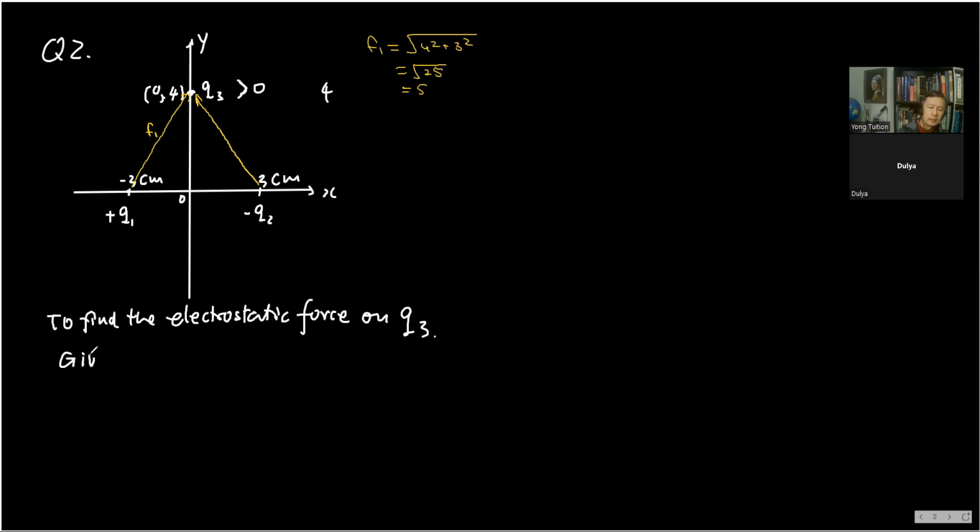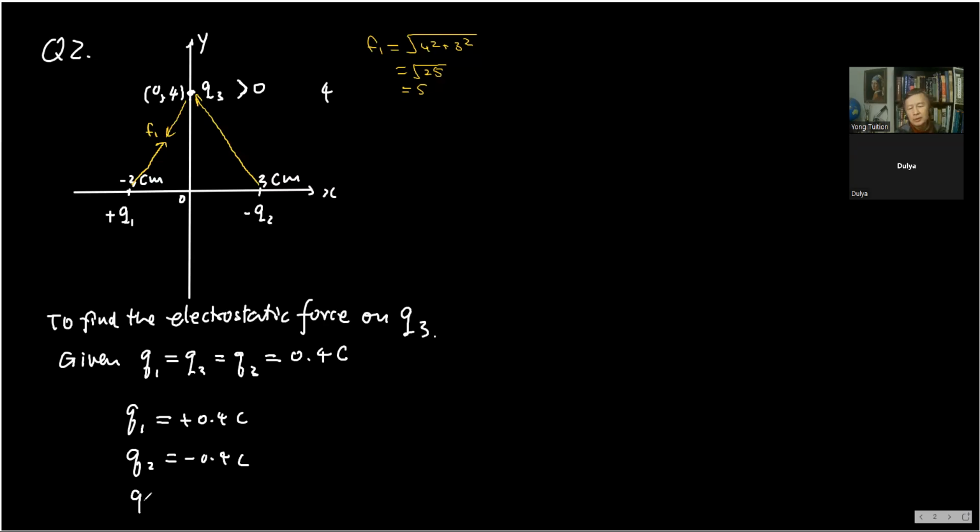Given Q1 equal to Q2, the magnitude is the same, equal to Q3, equal to 0.4 coulombs. Q1 is positive 0.4, Q2 is negative 0.4, and Q3 is positive. That is the condition.